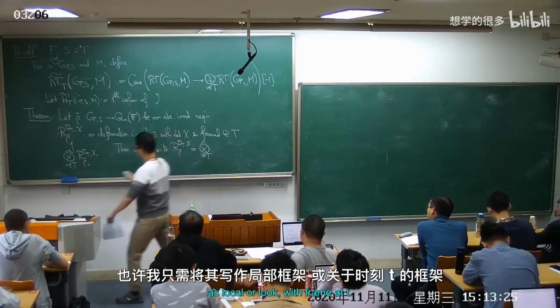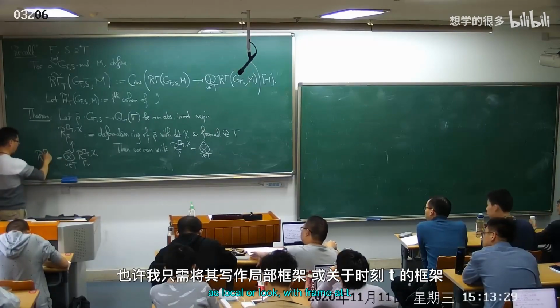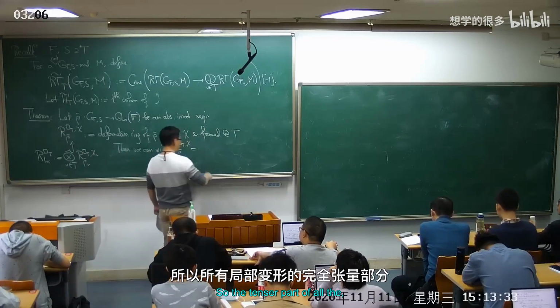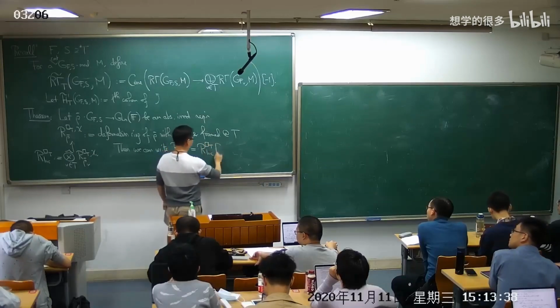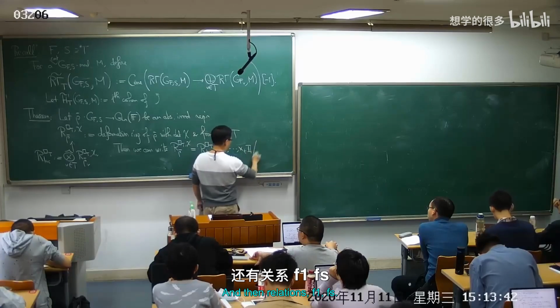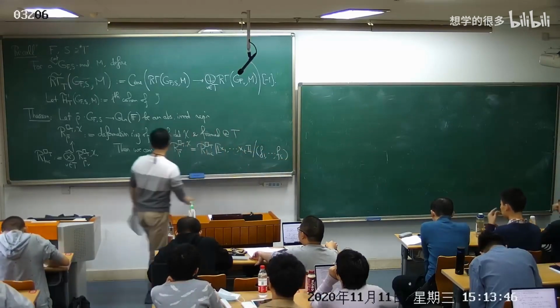Maybe I'll just write this as R^loc with frame at T. So the completed tensor product of all the local deformations with some variables, let me call them x_t, and then relations f_1 through f_s.